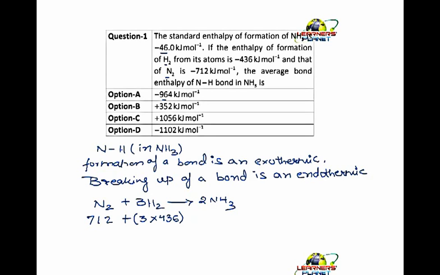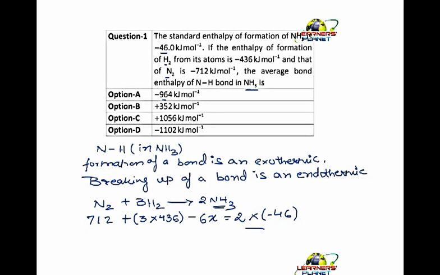Now, for ammonia, you would need to form bonds, right? So how many NH bonds are there over here? 6 NH bonds are there. So it would be 6x, and that is equal to 2 into the enthalpy of formation of ammonia, right? The enthalpy of formation of a substance is equal to the bond energy of the reactants minus the bond energy of the products, right?